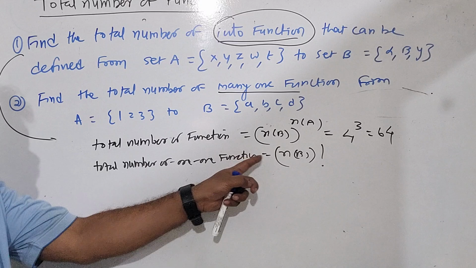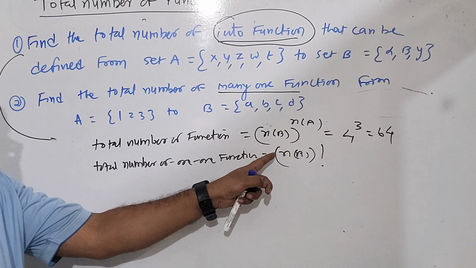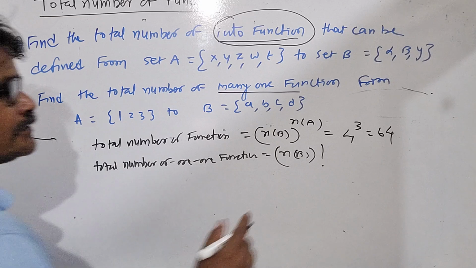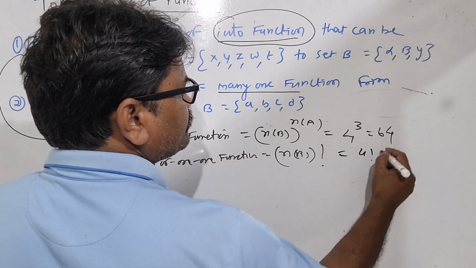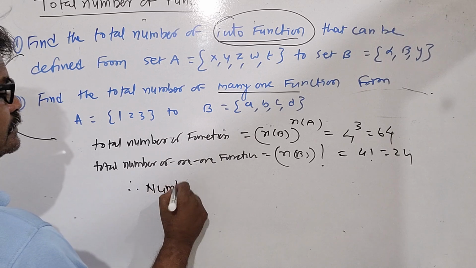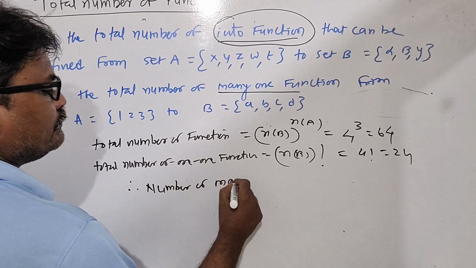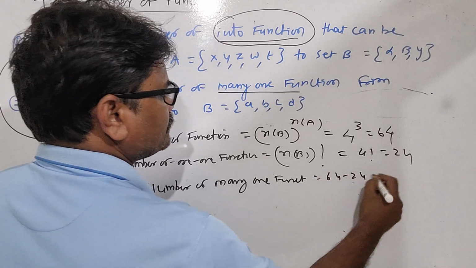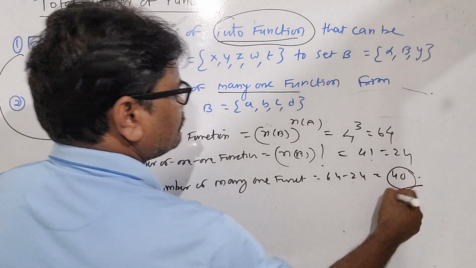Correct? This is not true when n(B) is less than n(A), or n(A) is greater than n(B). That case is over. 4 factorial is 24. Therefore the number of many-one functions is 64 minus 24, that is equal to 40.